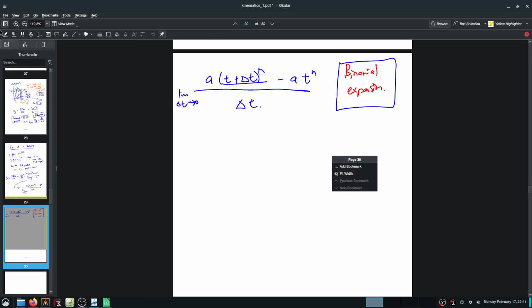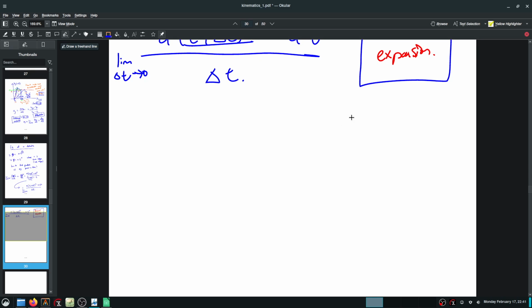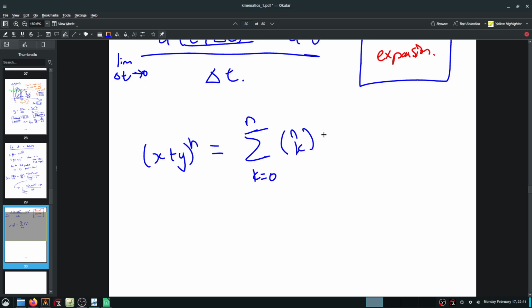If you look online, binomial expansion may look something like this: (x + y)^n equals the summation, this is a summation sign, k equals 0 to n, of the binomial coefficient n choose k, x^(n−k), and then y^k.